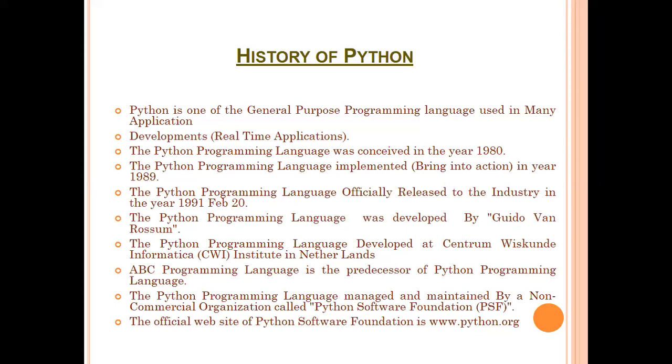Guido van Rossum was the father of the Python programming language. It was developed by him only. Python was developed at Centrum Wiskunde & Informatica, that is the CWI Institute in the Netherlands. The ABC programming language is the predecessor of Python.